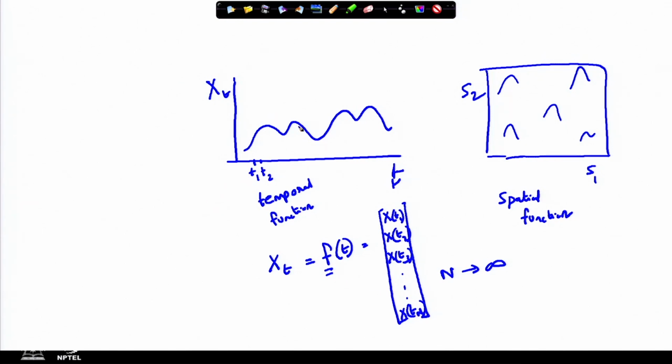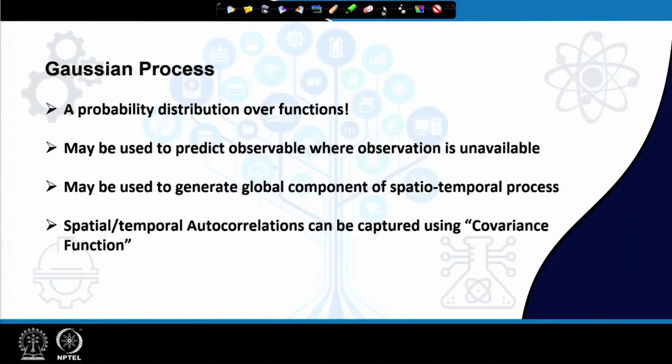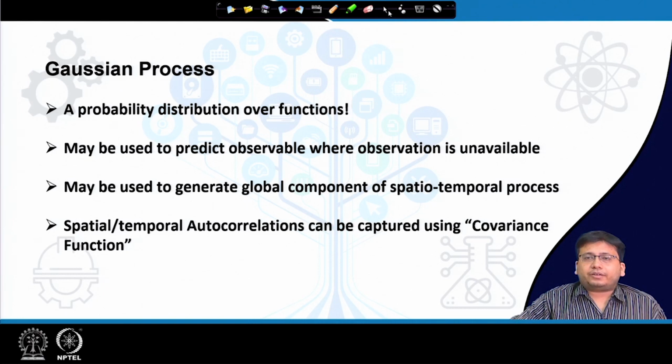From this point of view, you can consider the Gaussian process as some kind of a distribution over functions. Suppose you have estimated this kind of a function at different time points. That means if you have any new time point, you may be able to estimate the value of the observation at that time point, once you have learned, or once you have been able to parameterize that function somehow.